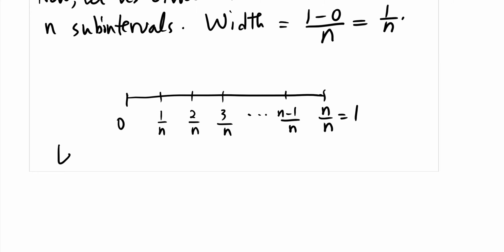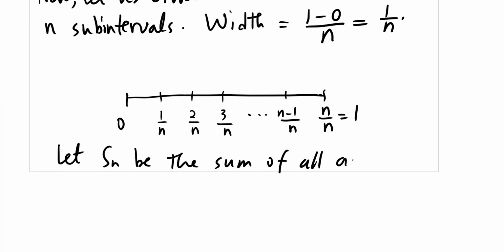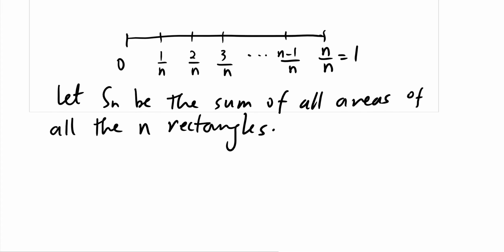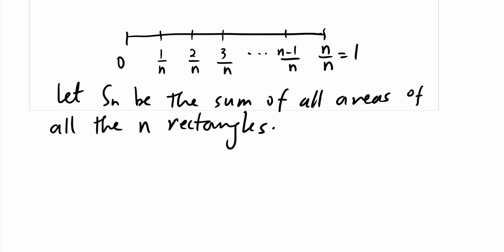And what we're going to do is let S sub n be the sum of the areas of all the n rectangles. Okay, so I'm going to find the sum Sn. Remember, to find Sn, we need the width times the height.